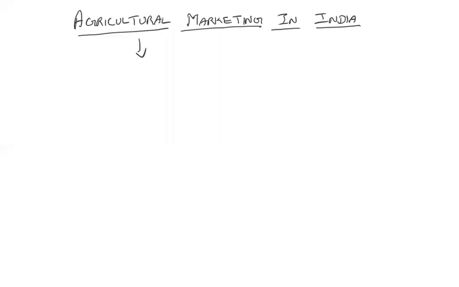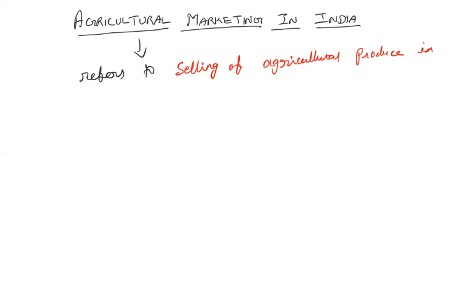Agricultural marketing, proper marketing, refers to selling of agricultural produce in the market at the market price.